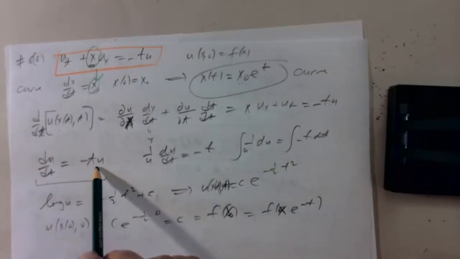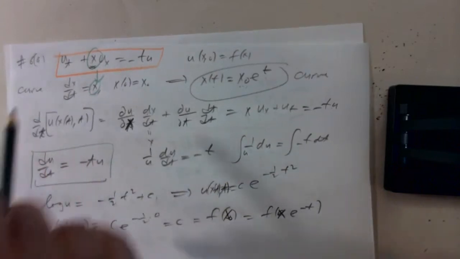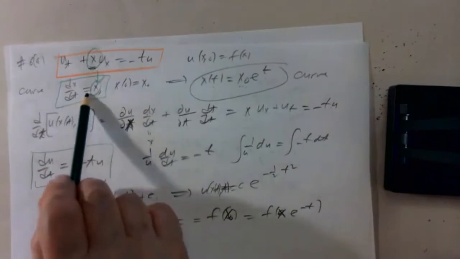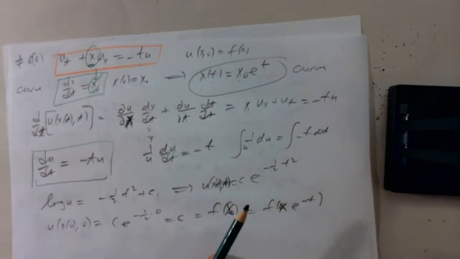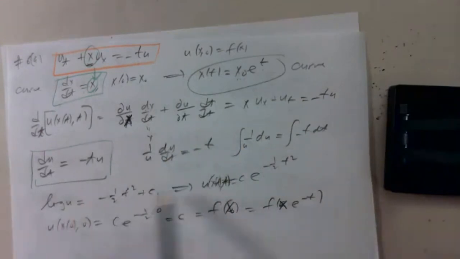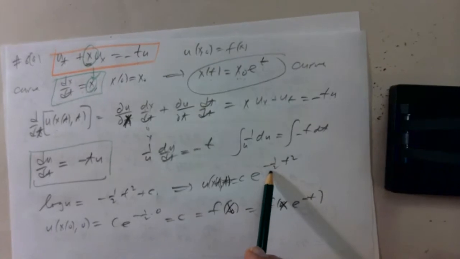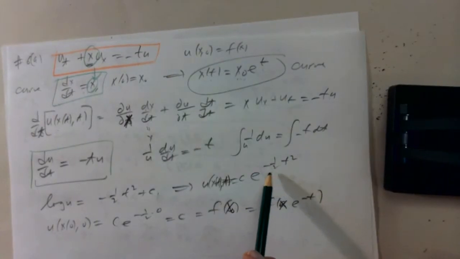That's a differential equation which is separable. I have two differential equations: first this one, now this one. This is log u equals minus t squared over 2. So u is some constant times e to the minus t squared over 2.